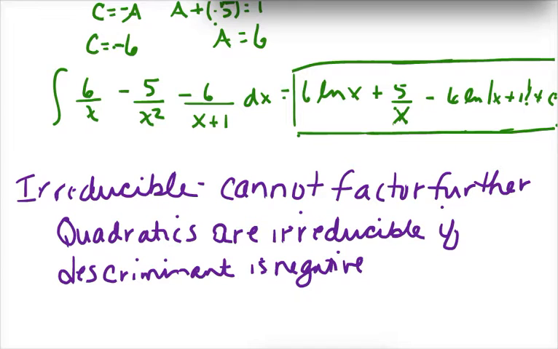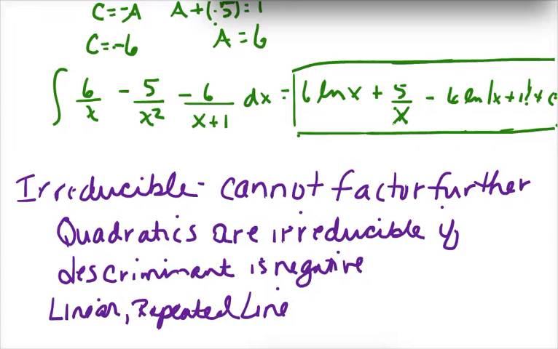So far we have a linear factor, and we just went through a repeated linear, and now we know that there's something called an irreducible quadratic.